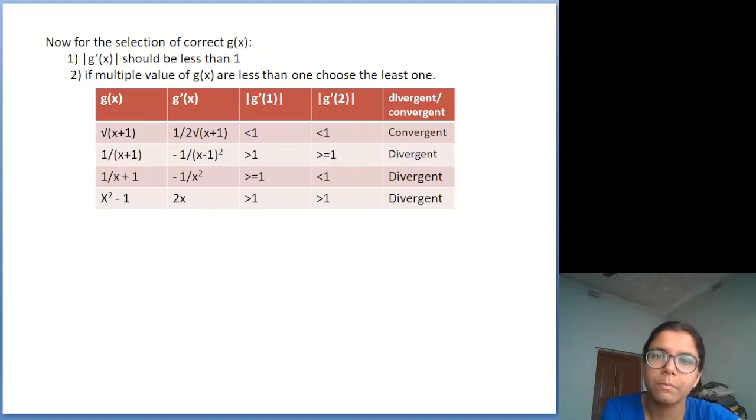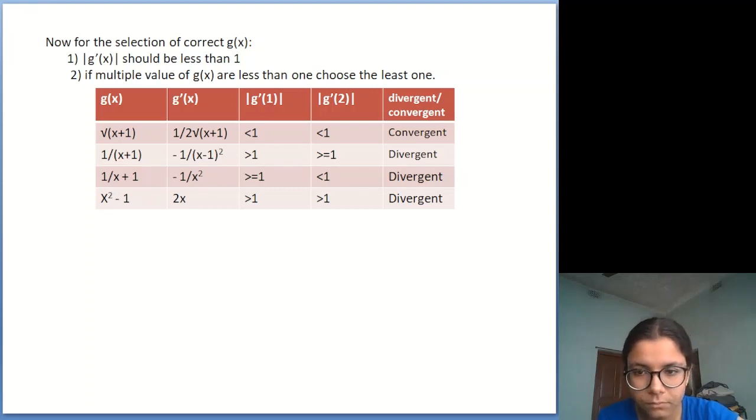And if somehow multiple values of g are lesser than 1, choose the least one. So make sure that your derivative of g(x) should always be less than 1.